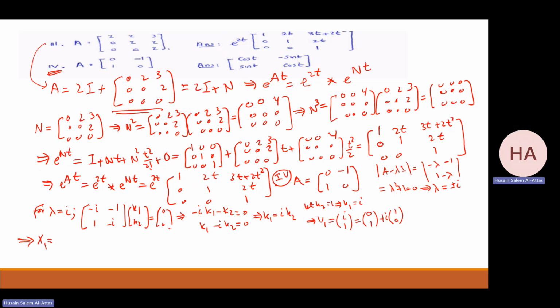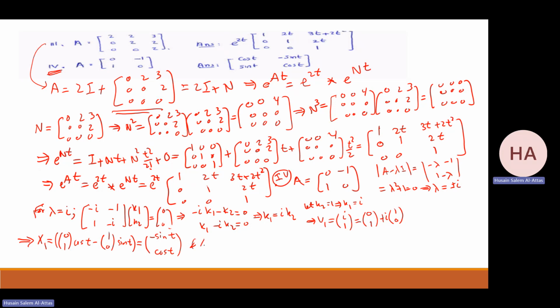X1, be careful now. I have 0, 1 cosine t minus 1, 0 sine t, and that will be minus sine t, cosine t.